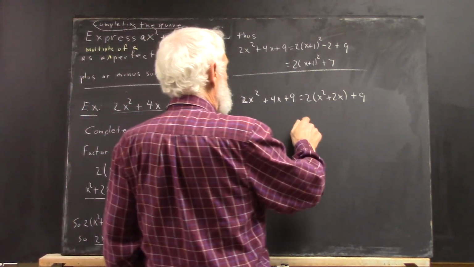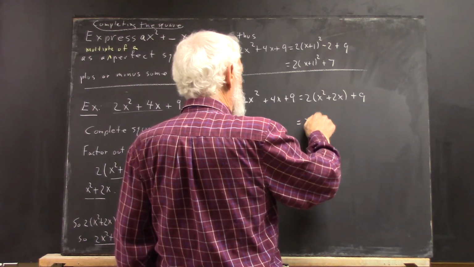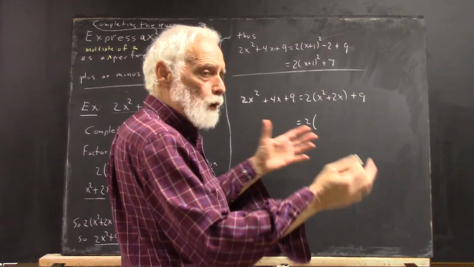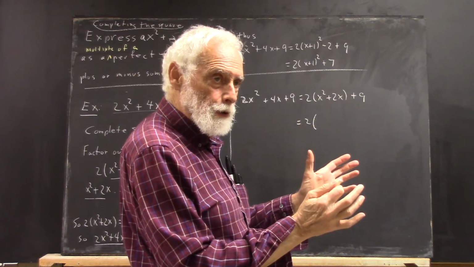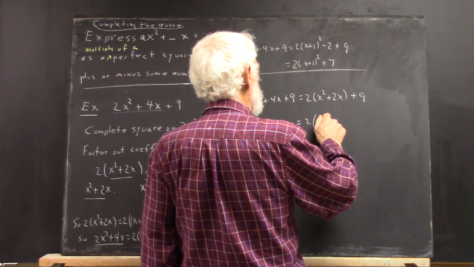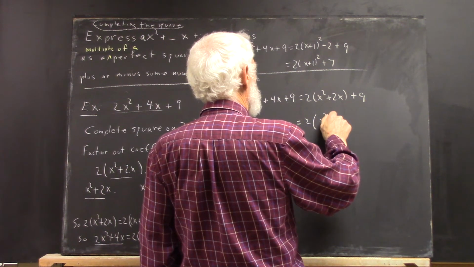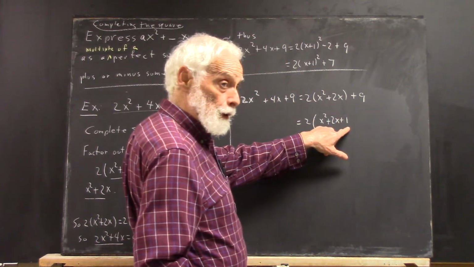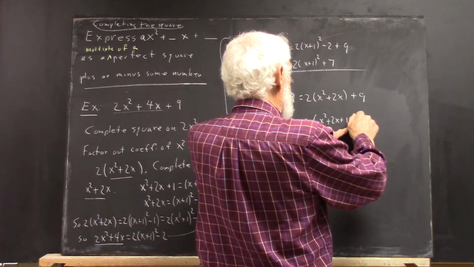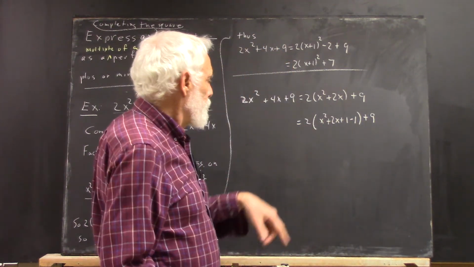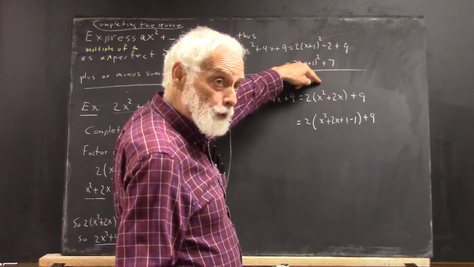And then that equals 2 times, well, x squared plus 2x. If you add 1, you get x plus 1 quantity squared. That's going to be a perfect square. And of course, I'd better subtract 1, so that this is the same as this.